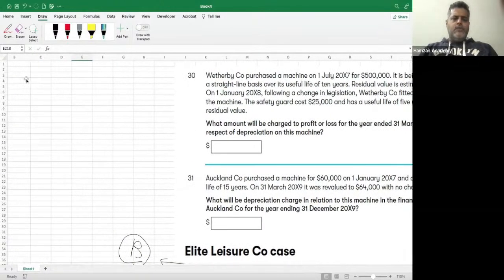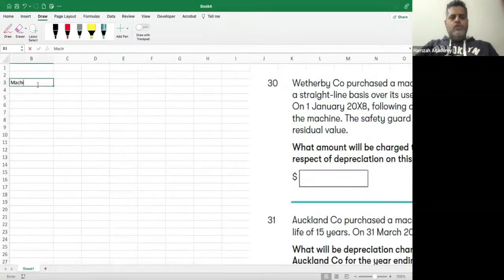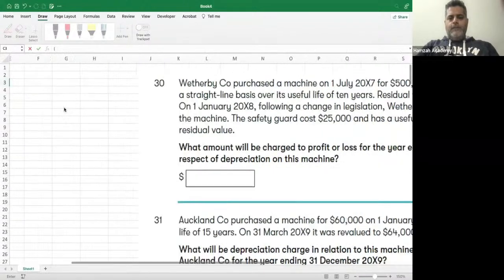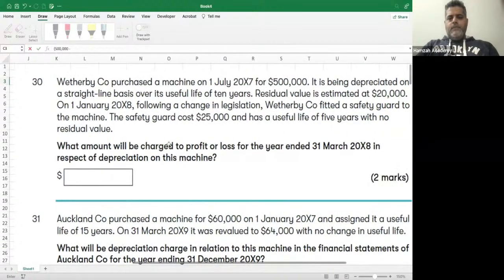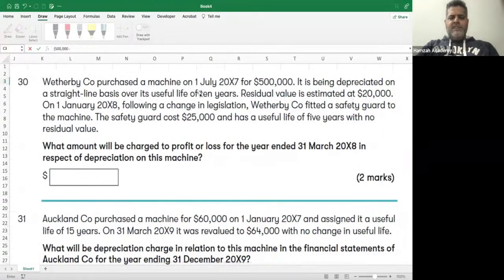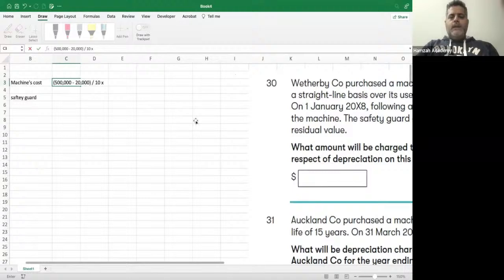What we are going to do is we have the machine and then we have the safety guard. The machine's cost is going to be depreciated separately, and the safety guard will be taken separately as well. So the machine, we got it for 500,000 minus the scrap value of 20,000, and the life is 10 years, multiplied by the time held.